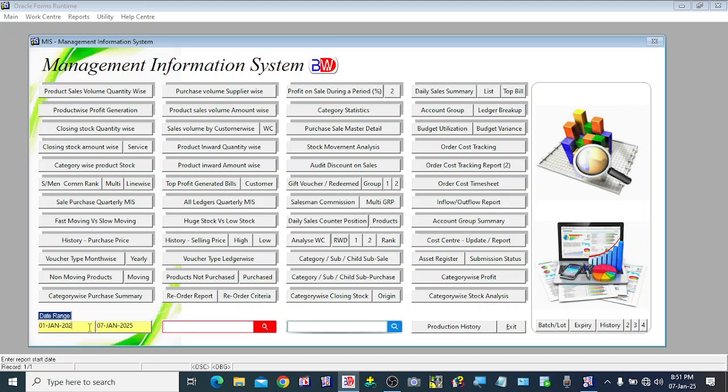Here I am entering the date range as 1st January 2024 to 7th January 2025. During this date range, how many budgets we have created? All such budget variance reports we can generate by clicking this budget variance.